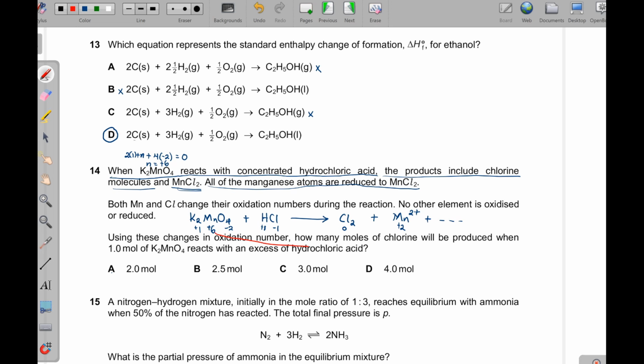From 6 to 2, the change is a 4. So there is reduction there. That's why they even say all atoms of manganese are reduced to this one here. Now, that means I'm going to have a 4 here, and then the change here is a 1. You see that? Because it is from -1 to 0, so the change is +1.